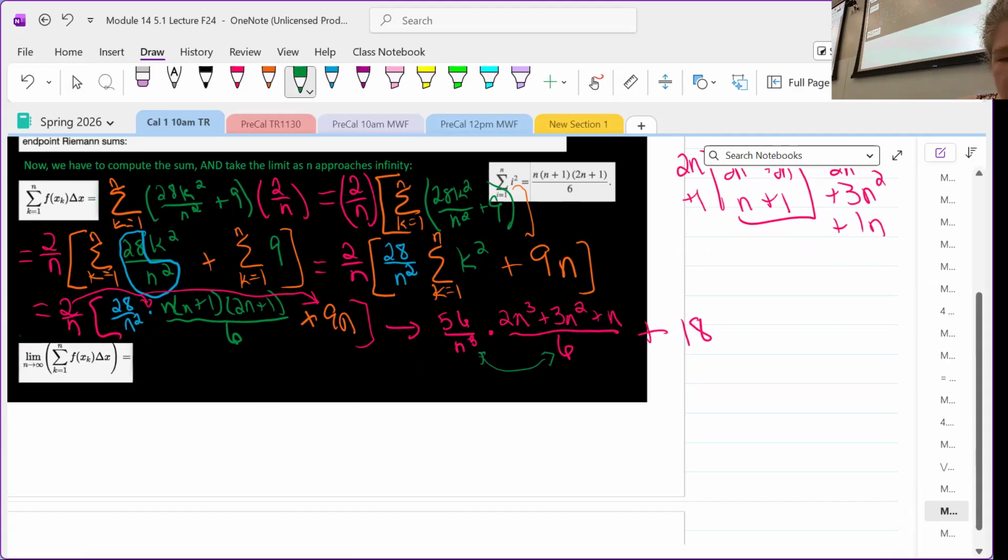Now, in order to start getting ready to do the limit, I'm going to swap my 6 and my n cubed, and then I'm going to split the n cubed into each of those terms on top. So I'm going to have 56 over 6 times, it'll be like 2n cubed over n cubed plus 3n squared over n cubed plus n over n cubed, and then the plus 18 still.